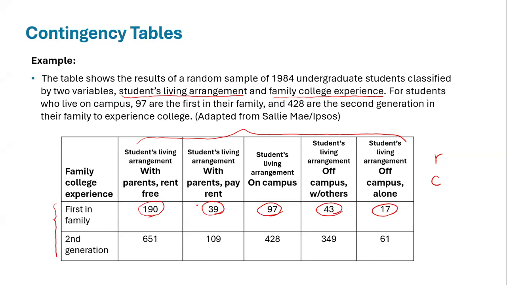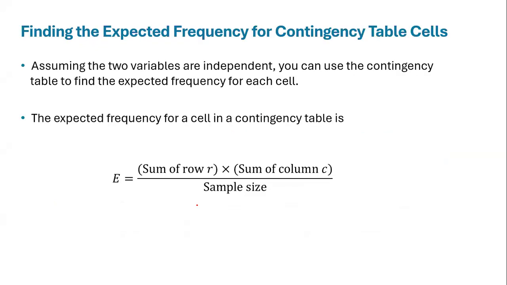To find the expected frequency for 39, you add all of the numbers in the first row and all the numbers in the second column, multiply them together, and then divide by the sample size. We use this formula for each number in the cells. If you have a 2 by 5 table, that means we have 10 numbers in the table, so we have to use this formula 10 times, depending on which row and which column the number is in.